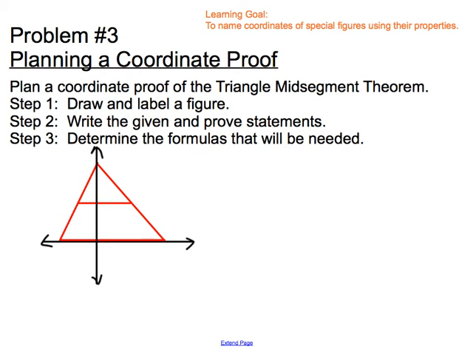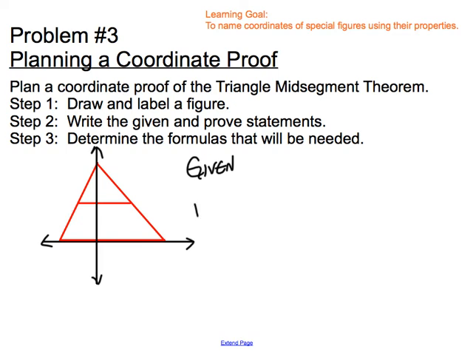So much like we saw at the beginning of the section, I've placed the triangle so that its base is along the x-axis and its third vertex is on the y-axis. This will help me so that I can make the proof as simple as possible. We'll get back to labeling the figure in a second, because I'll show you one of the things that makes labeling the figure a little bit easier in step 3.